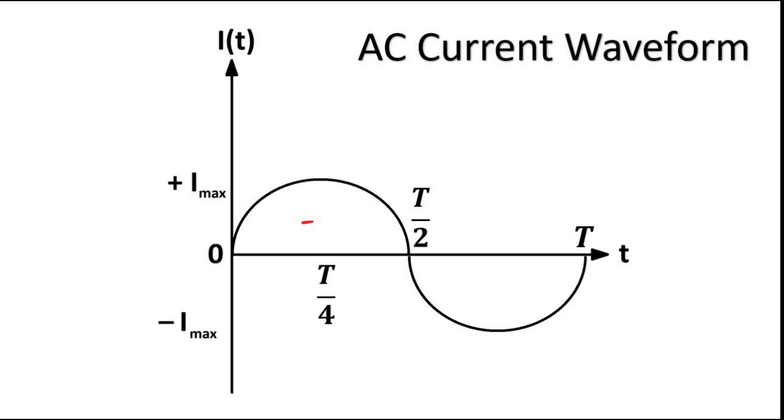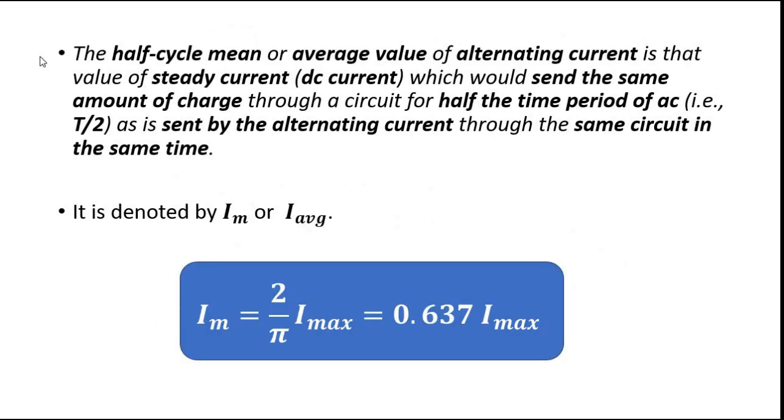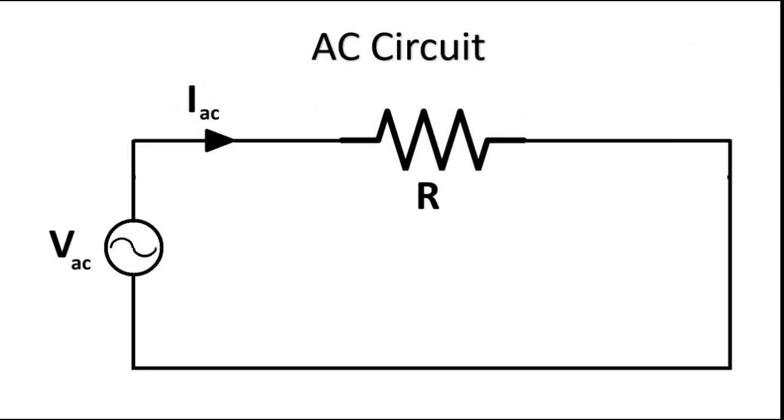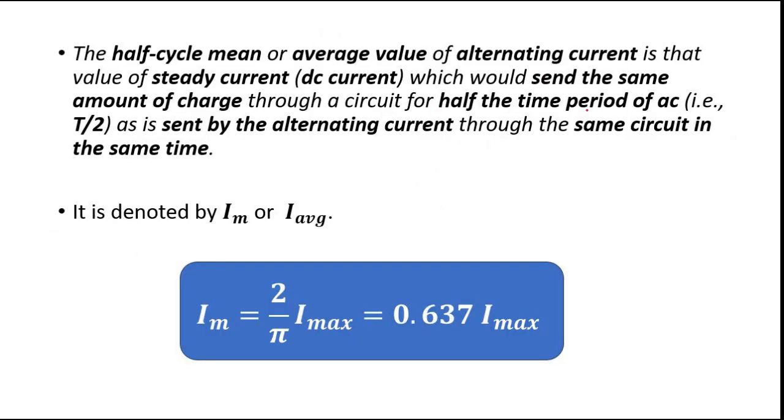Here it says the half cycle mean or average value of an alternating current is that value of steady current, which means DC current, which would send the same amount of charge through this circuit as is sent by the alternating current for the same circuit for the same time period, that is T by 2.